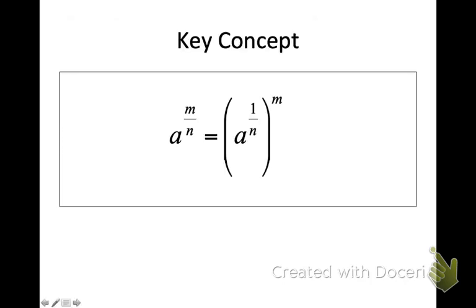So now what happens if you have something in your fraction in the numerator other than 1? So what if we just have m over n?